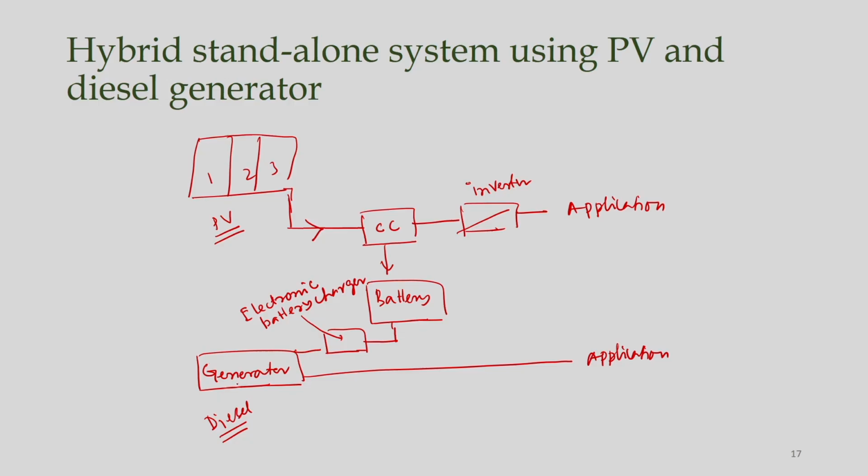Sometimes we do not need to deliver the rated amount of power, so some amount of energy can be used to charge batteries. And then finally this can be connected, and then finally we will have applications. There are many applications where we can couple different sources of energy.